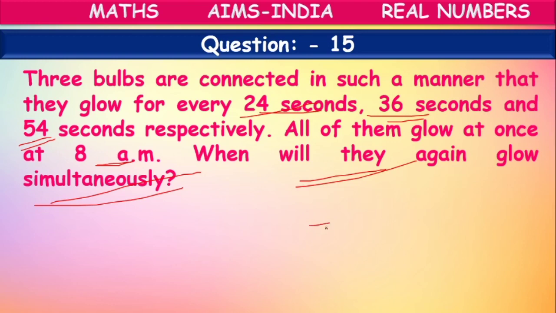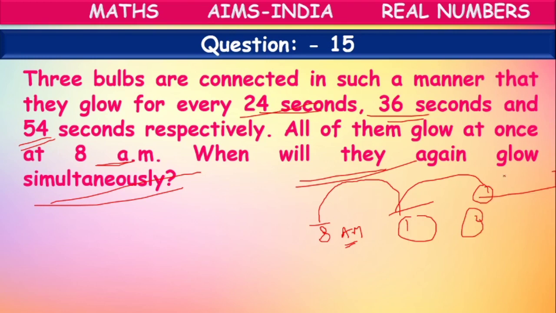Now what they are asking here, they will glow all at a time at 8 am. After that, at what time will they glow simultaneously? So they may glow simultaneously after some time, first case, after some more time, second case, after some more time, third case.